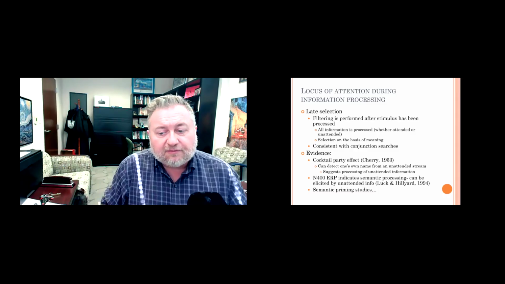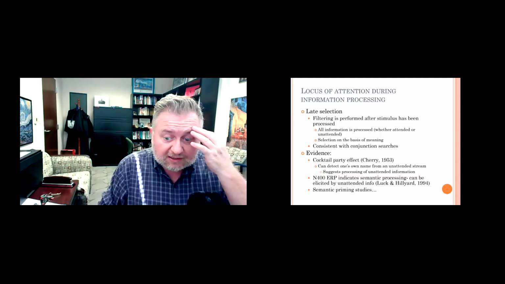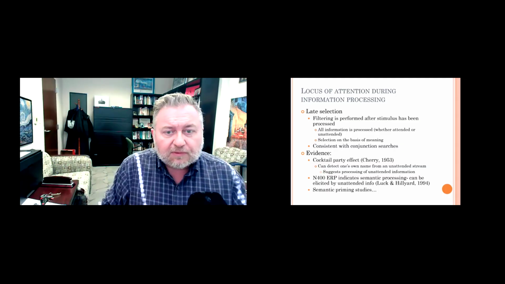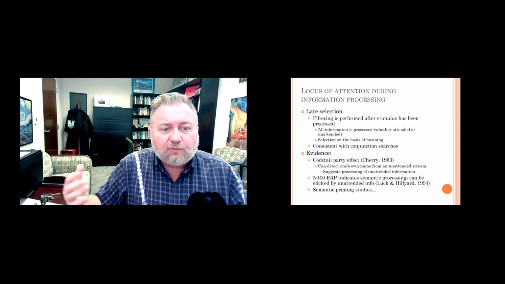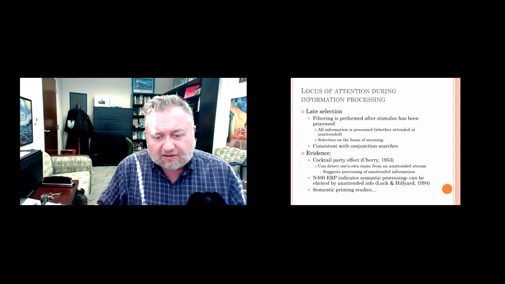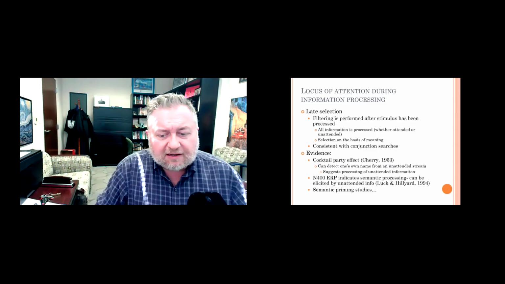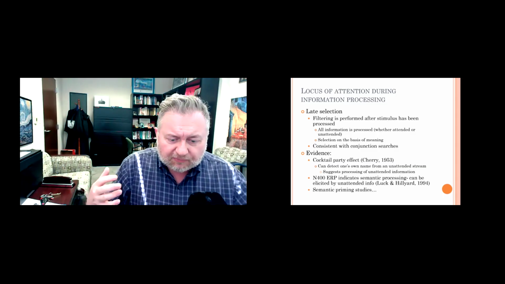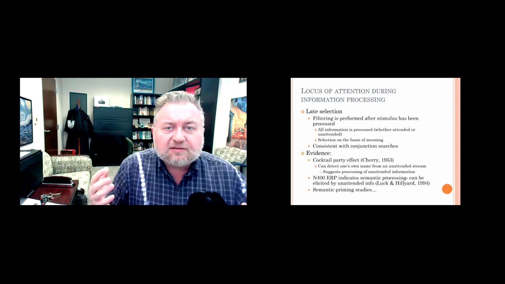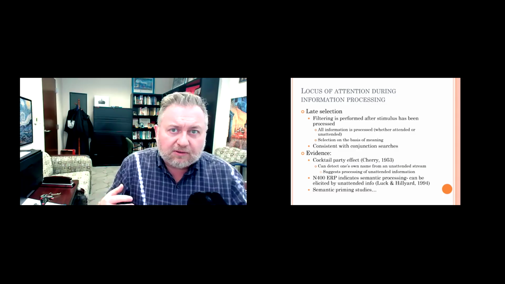And what Luck and Hilliard found back in the 90s is that we can see the N400 spike in the EEG waveform even as a result of unattended information. So let's just say, for example, that we can repeat something. This is not exactly what Luck and Hilliard did, but let's do the dichotic listening task again. But now on the left side, which is the attended stream, it could be music.